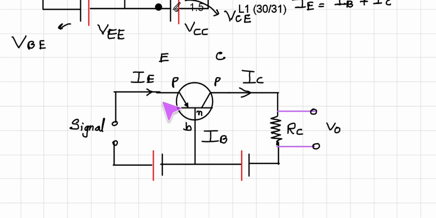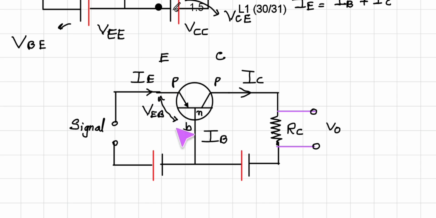Okay, so obviously the voltage appearing across this terminal will be, though we call it base emitter voltage, we can say VEB. So here normally the method is accepted.